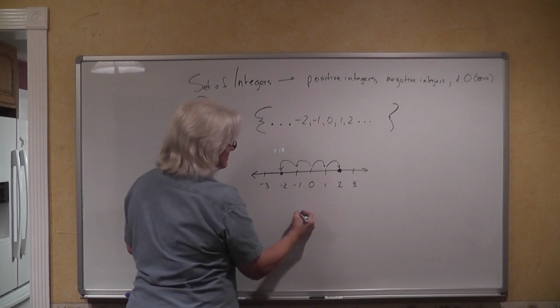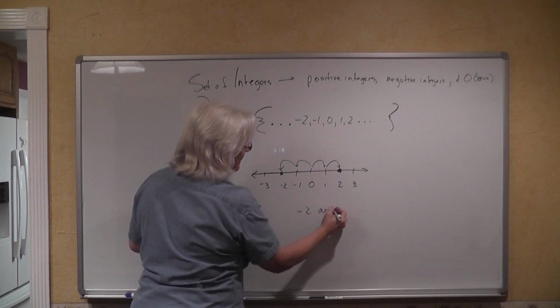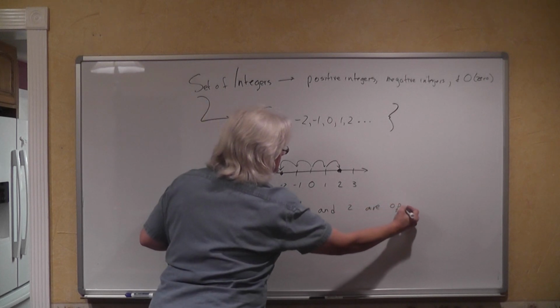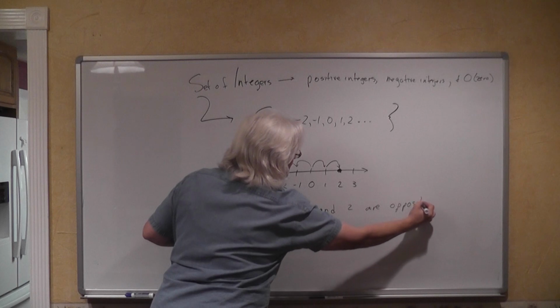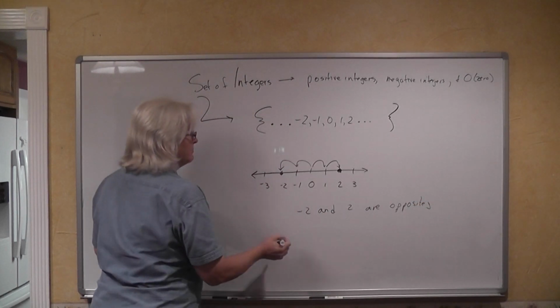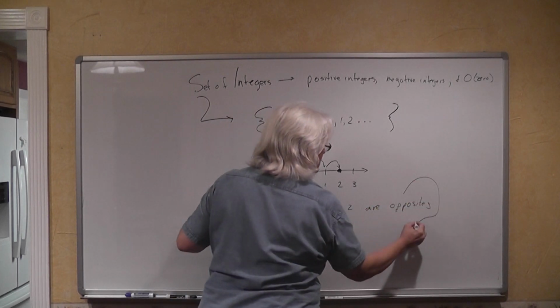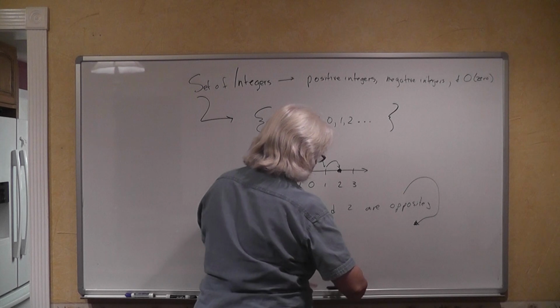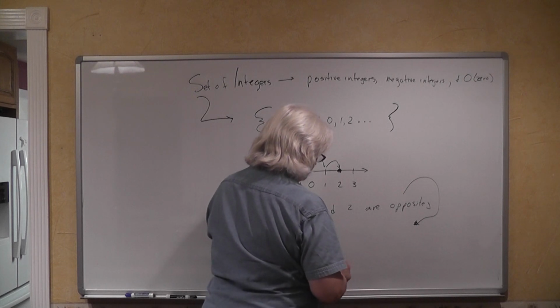We start at 0, so -2 and 2 are opposites. And what do we mean by opposites? This definition here is very important. Opposites are the same distance from 0 on the number line.